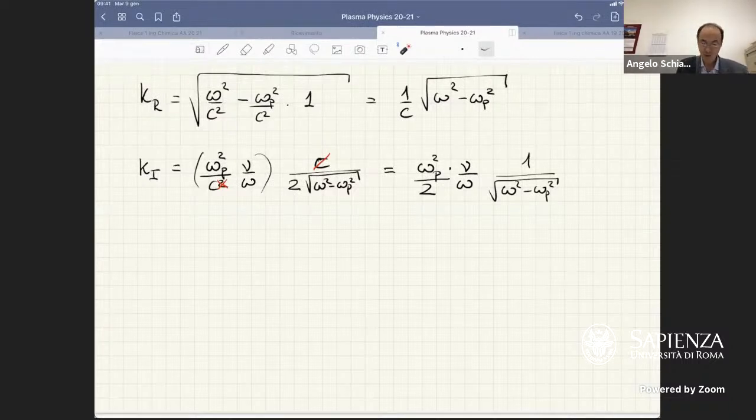Okay, so the two parts are responsible for different things. The green one, the real part, is responsible for the propagation properties of the wave, and the imaginary part is responsible for the attenuation of the wave.